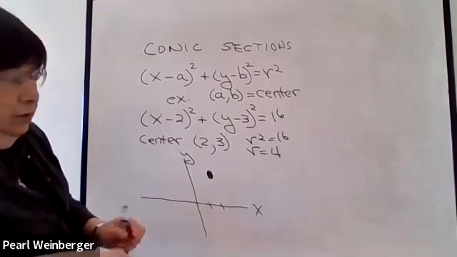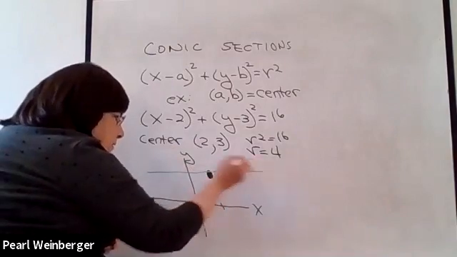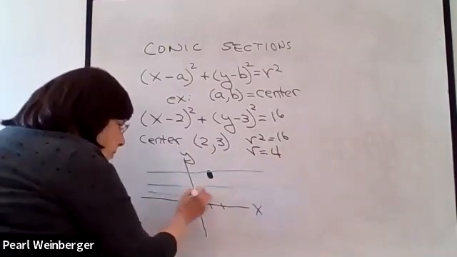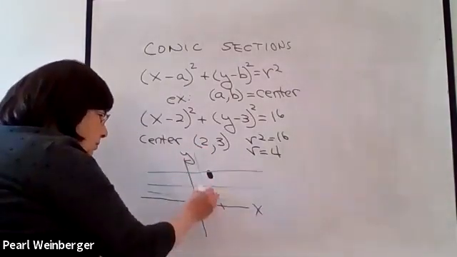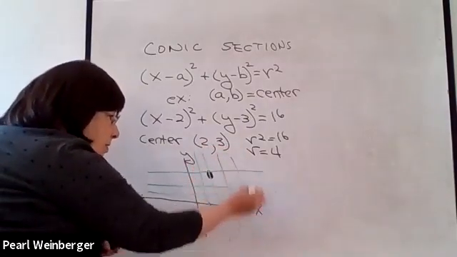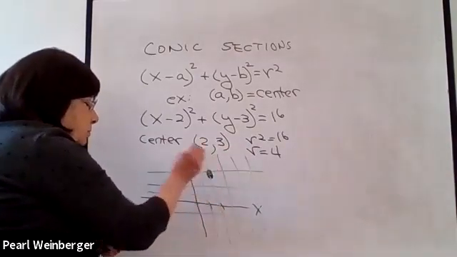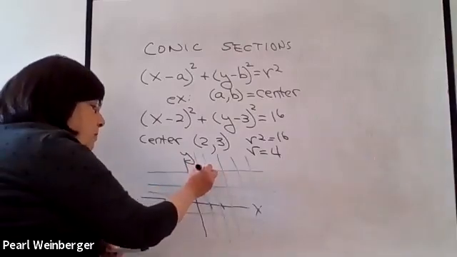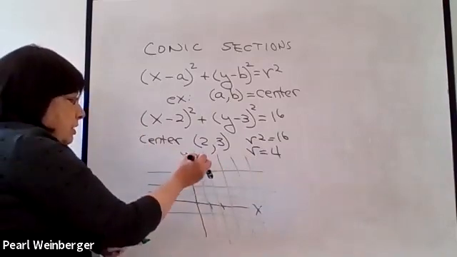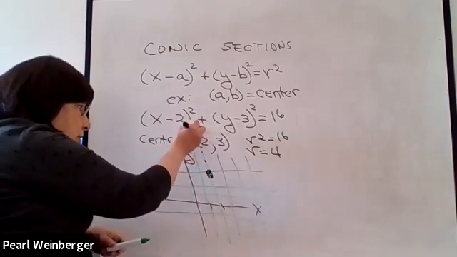Now remember, this is graph paper. Here's my graph paper. These are my graphing lines, or some of them. Here's the center of my circle. From the center, since my radius is 4, I have to go 4 in every direction. That means I have to go 4 up: 1, 2, 3, 4.